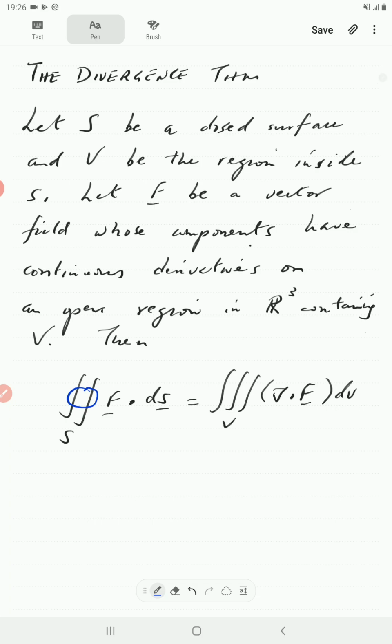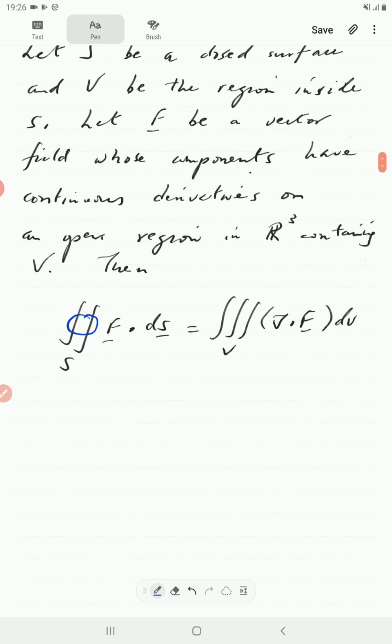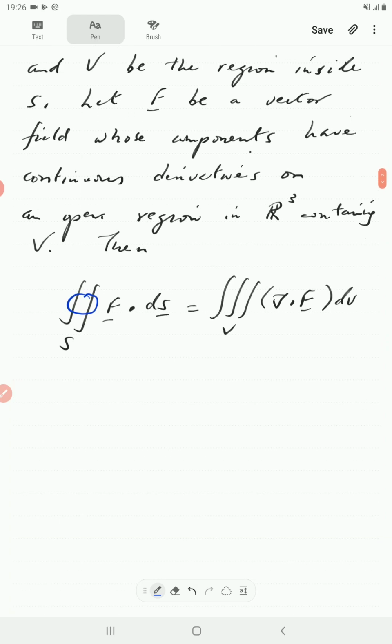Okay, so again, we're not going to prove this one, but we're just going to work through some examples to demonstrate how this theorem works.